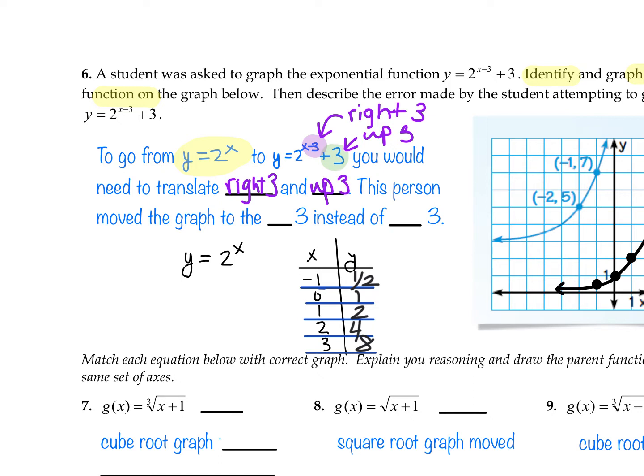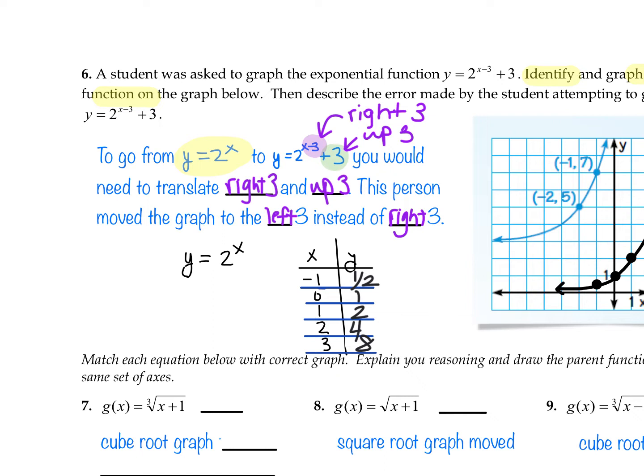So that's what you're supposed to do. However, this person moved to the left 3 instead of right 3.